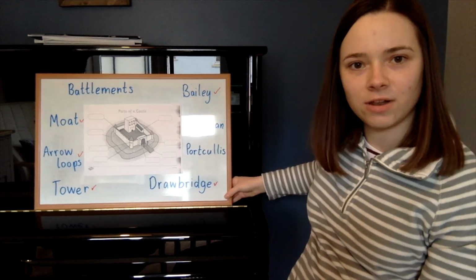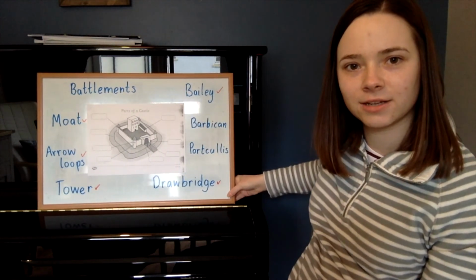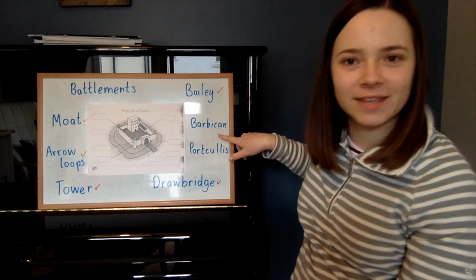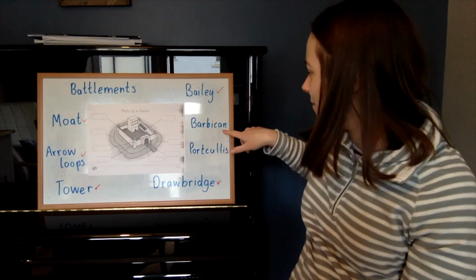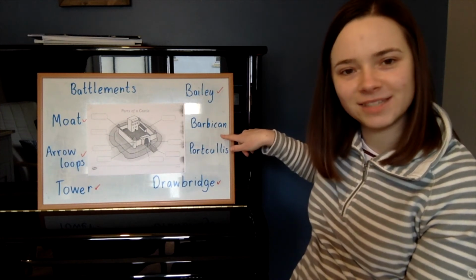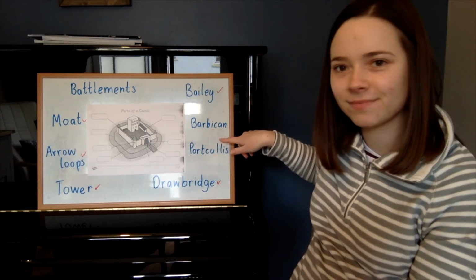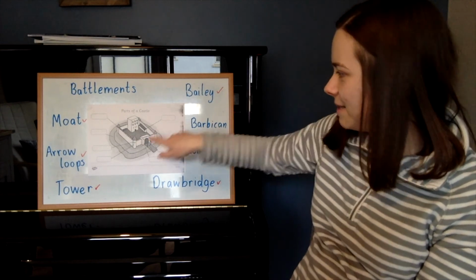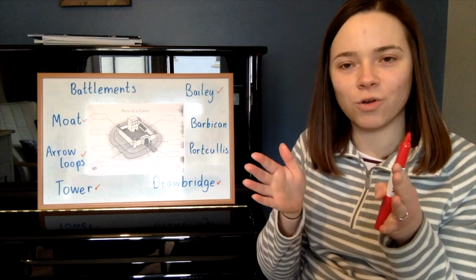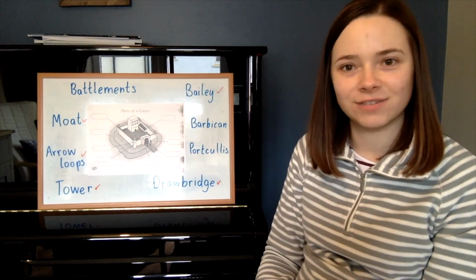So let's have a look at the Barbican, because it's the one that keeps getting the light shone on it. So let's get rid of that one. So the Barbican, can you remember what that was? This is another really tricky one. The Barbican's the bit at the front of the castle, and it's got really thick stone walls to keep the entrance of the castle really safe.